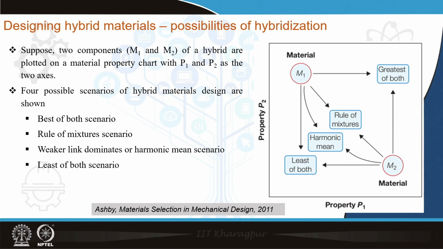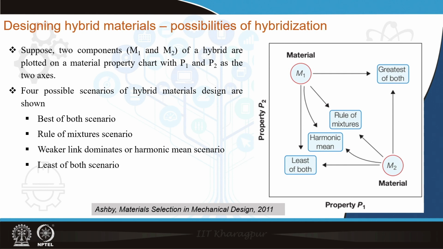And generally, as we have seen in the material property charts, we combine two different properties, property P1 and property P2. Very often, property P1 along the x axis is density, and property P2 can be other properties like strength, stiffness, fracture toughness, thermal properties, and many others.